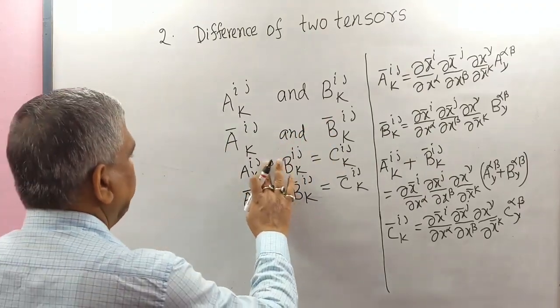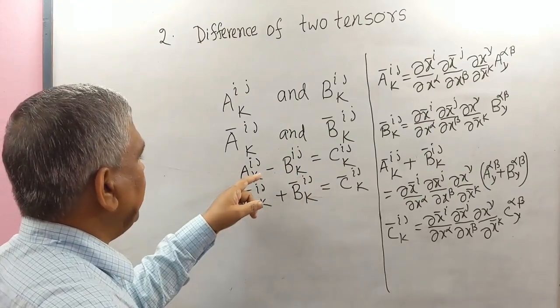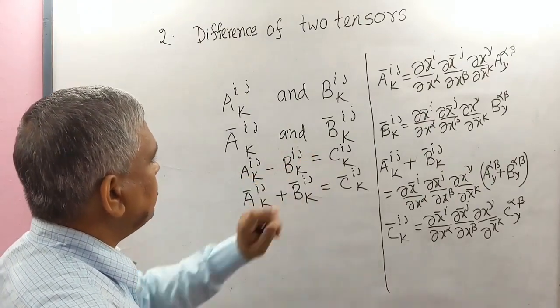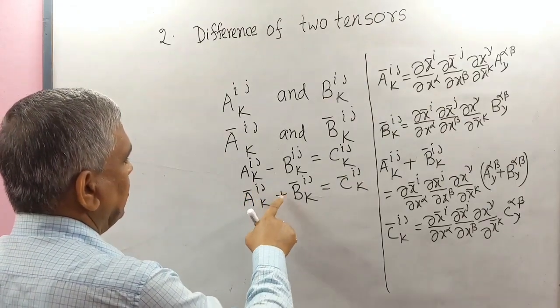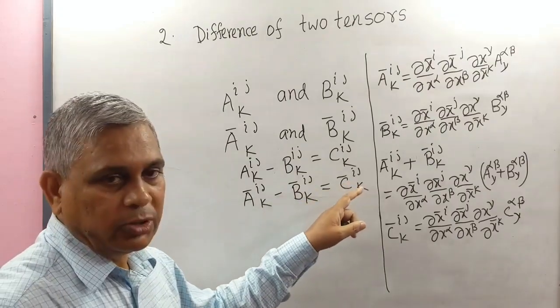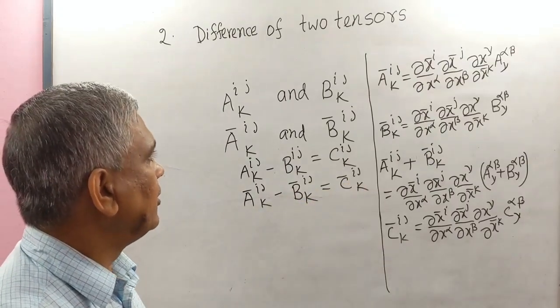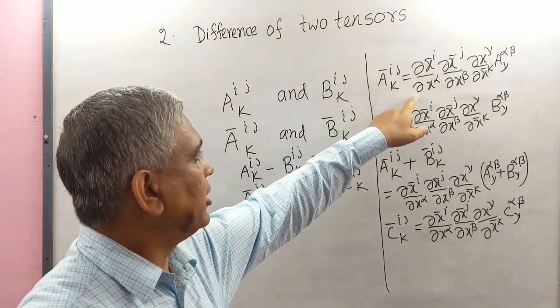Let A ijk minus B ijk equal C ijk and A bar ijk minus B bar ijk equal C bar ijk. According to the tensor law of transformation, we get this result.